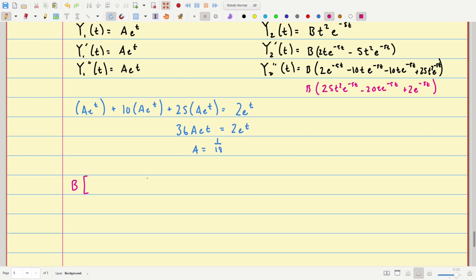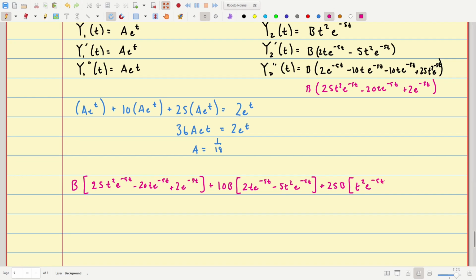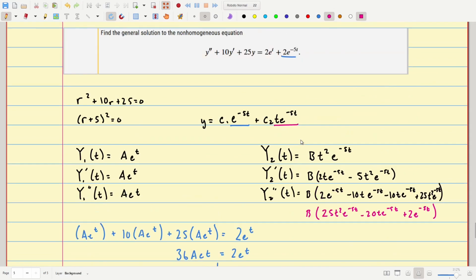So we'll leave that factored out. 25t squared e to the negative 5t minus 20t e to the negative 5t plus 2e to the negative 5t, and then times 10b, 2t e to the negative 5t minus 5t squared e to the negative 5t, and then lastly plus 25b times t squared e to the negative 5t, and this is all equal to 2e to the negative 5t.